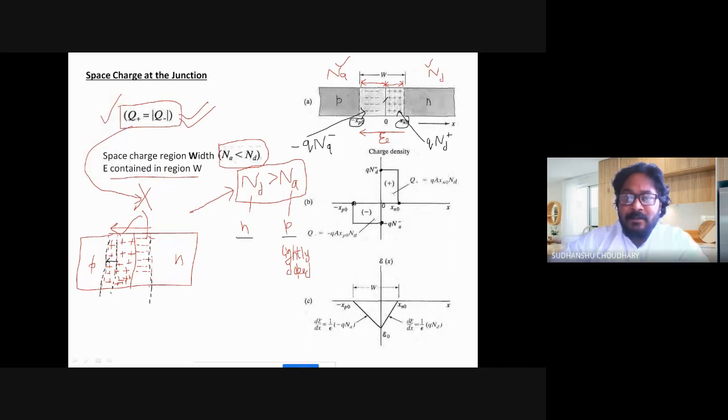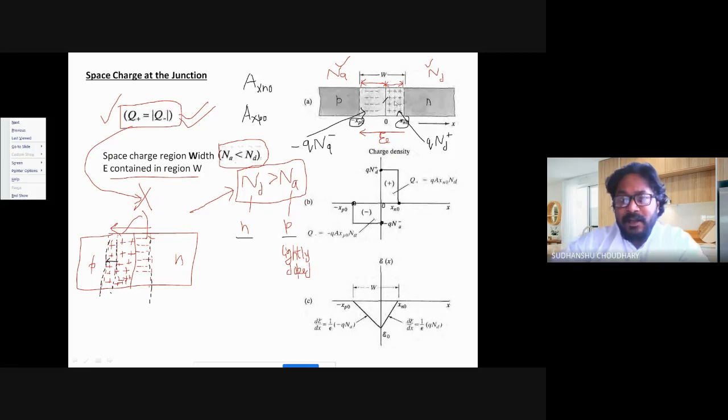Let us say this dimension is thickness T. So I have the area of this region, I call it A·Xn0, towards the N-type region. Similarly, the area of the depletion region towards the P-type region is, let us say, A·Xp0.